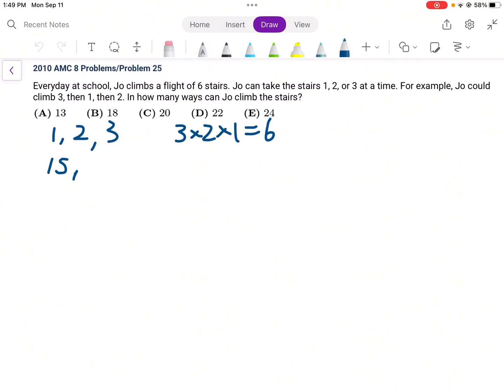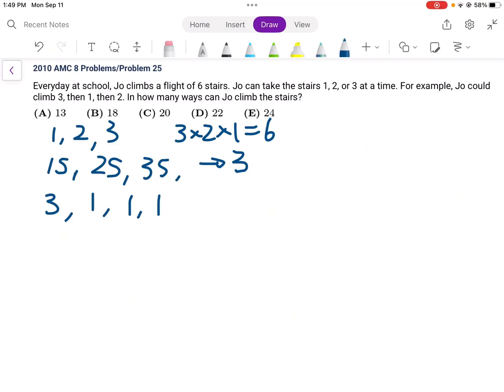And then he can take 2 steps at a time, so 2 twos. And then he can take 2 threes at a time. So that's in total 3 cases. And then let's look at if there's 1 three and the rest is 1, 1, 1.